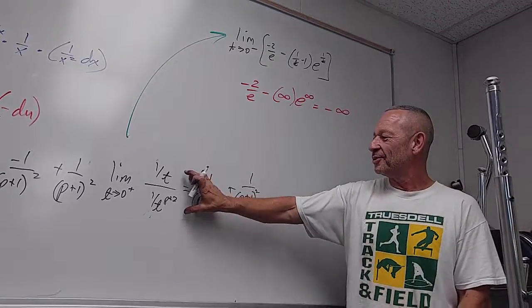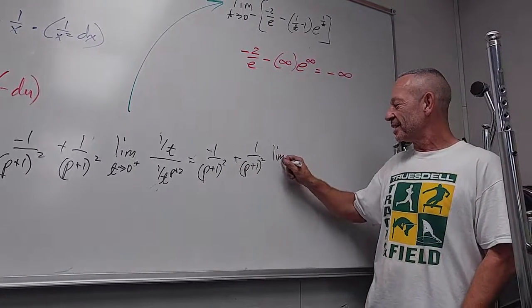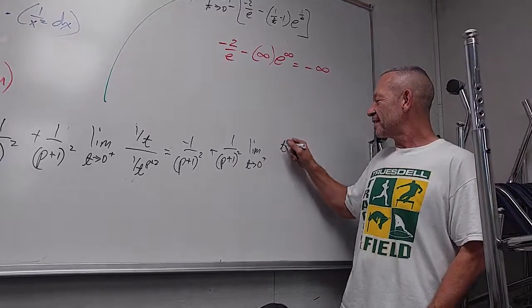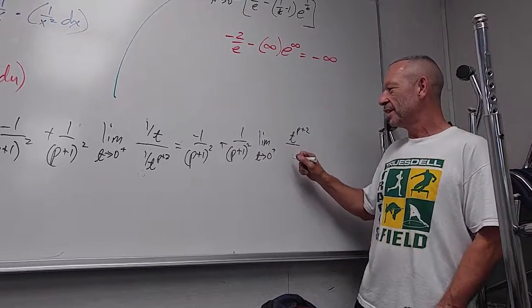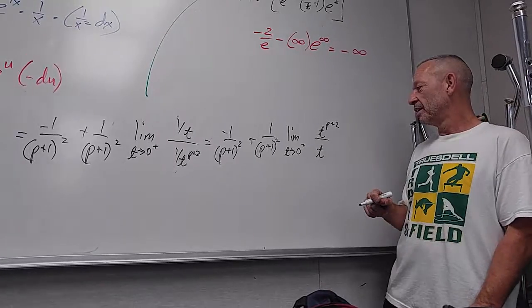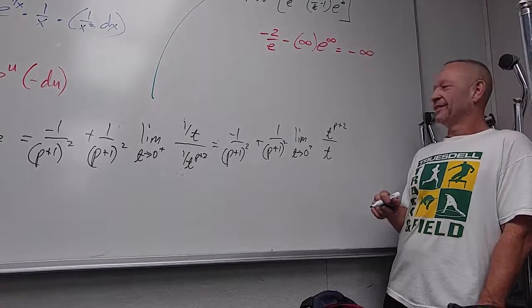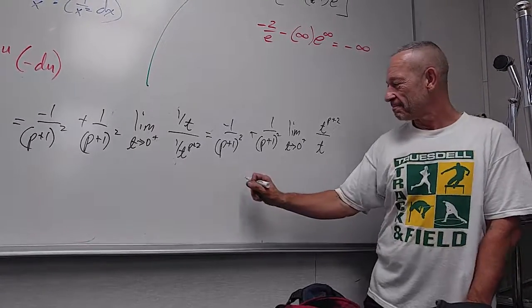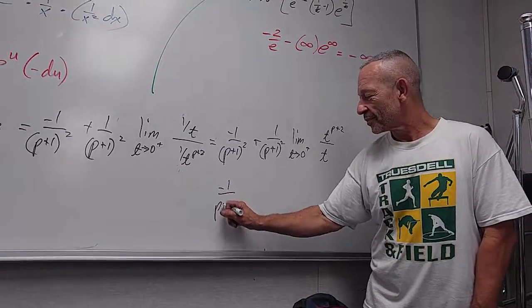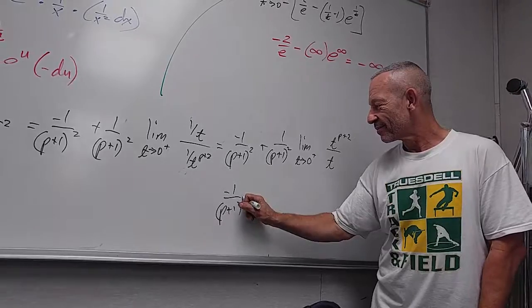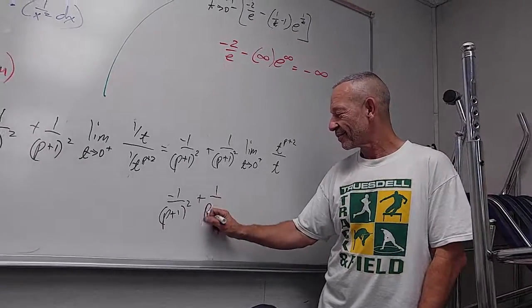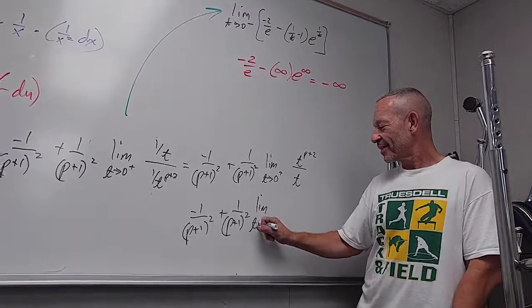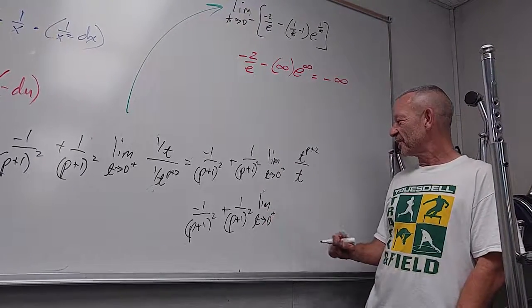So now I can rewrite this as the limit as t goes to 0 from the right. That's t to the p plus 2 on top, t to the 1 on bottom. So I'm going to subtract the exponents, aren't I? Sure. Yeah, I don't think I'll be putting this one on the exam.